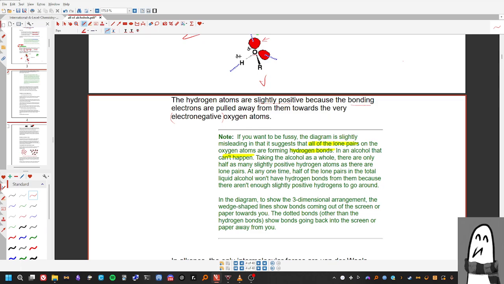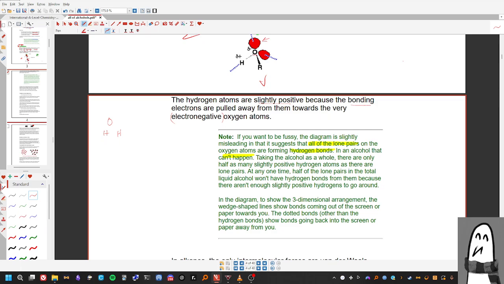So what they mean by that is when you have H2O. Wait, what does that mean actually? There are only half as many slightly positive hydrogen atoms as there are lone pairs.